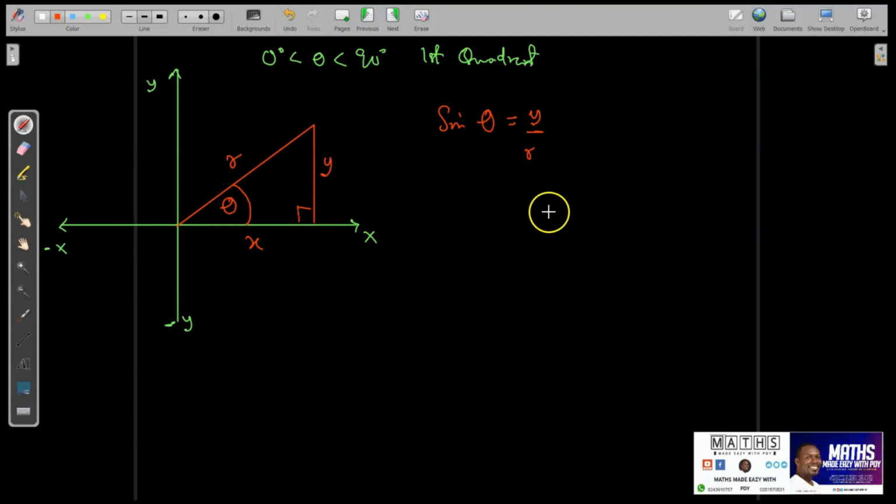Are you okay? Yes. It's a positive number over another positive number, so the sine ratio in the first quadrant is automatically positive.